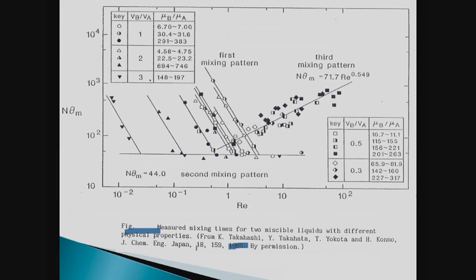This study is very interesting in that they varied volume fraction. They went from 0.3 all the way up to 3, right? They also, as a result, varied viscosities. Viscosities of a factor of 200, down here 300. Different viscosities and different volume fractions.